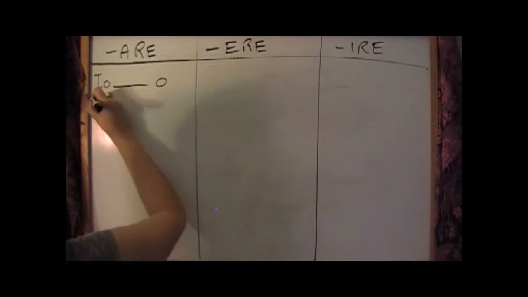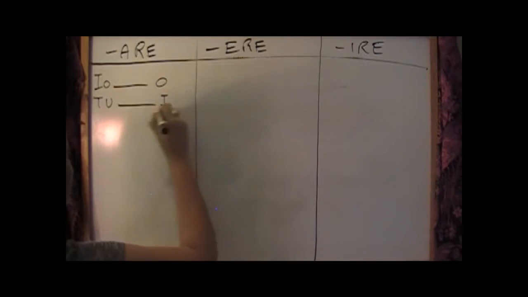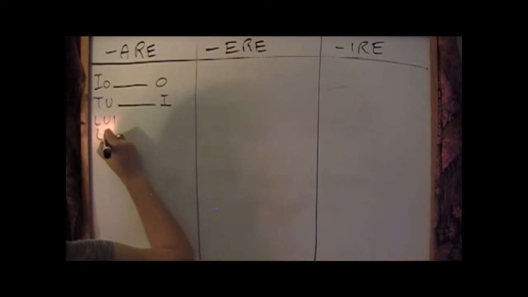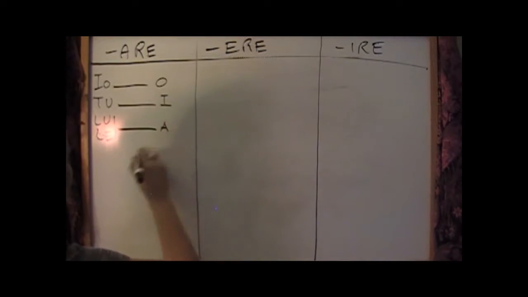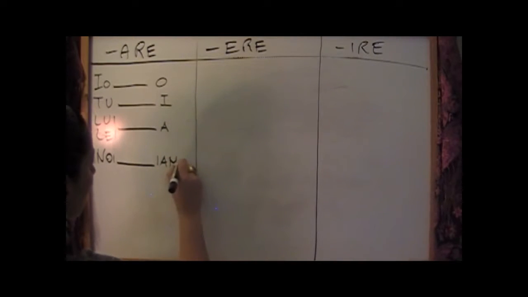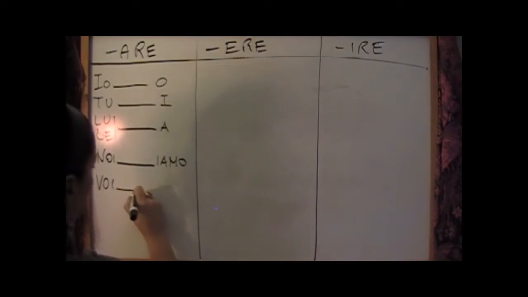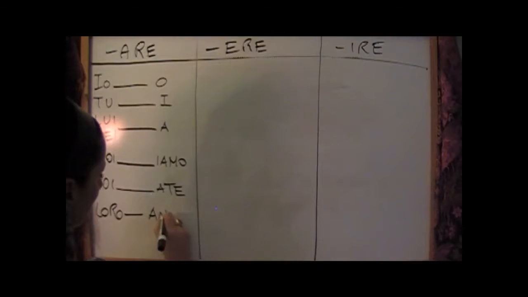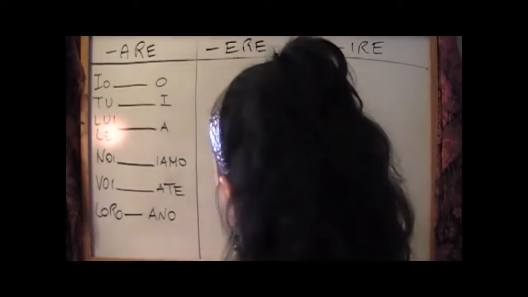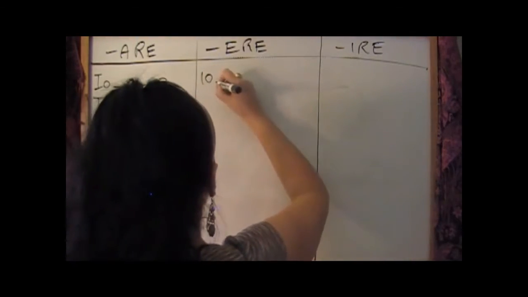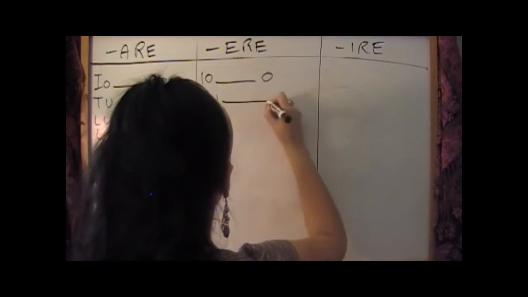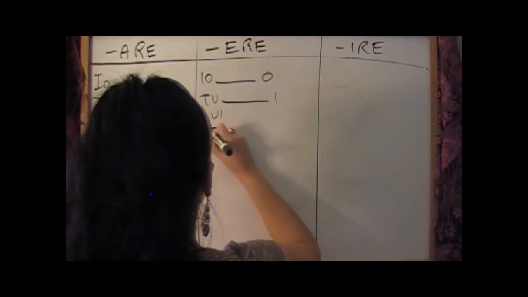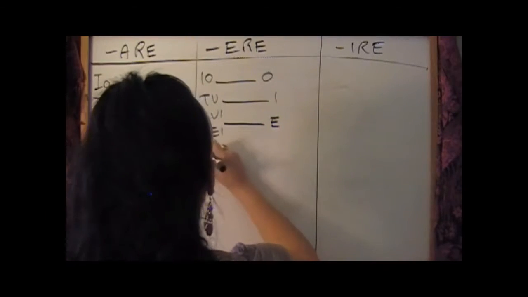Just copy that and you're going to understand. Io -o. Tu -i. Lui, lei -a. Noi -iamo. Voi -ate. Loro -ano. Io -o. Tu -i. Lui, lei -e.